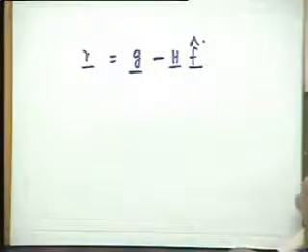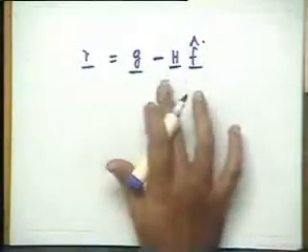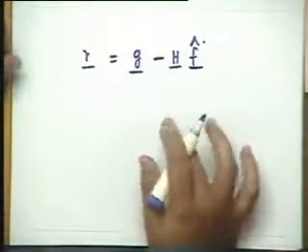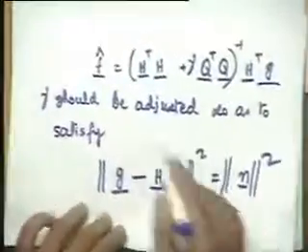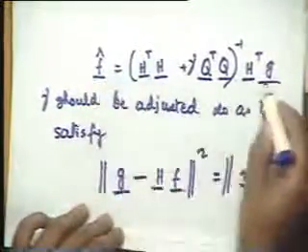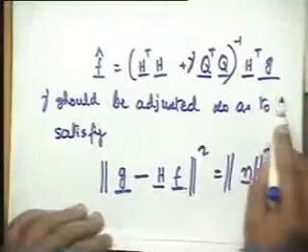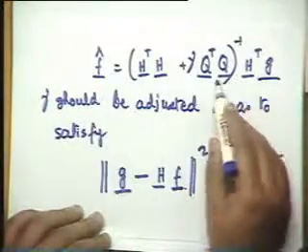Now if we have r equal to G minus H F hat, then we substitute this value of F hat, which is what we had got as F hat. Only thing is, in this particular case, instead of Q we will be putting C. So just substitute this F hat in this expression to get the residual vector.